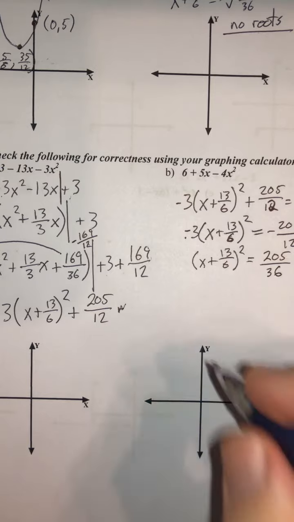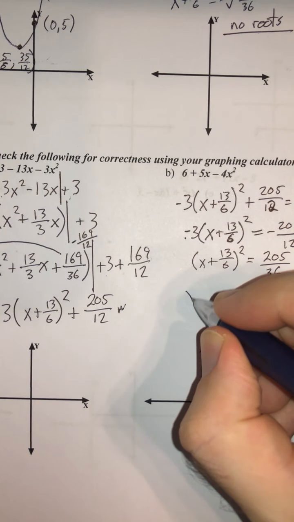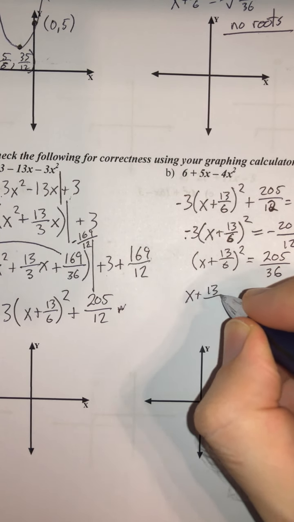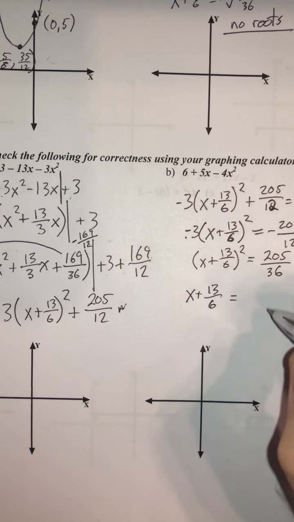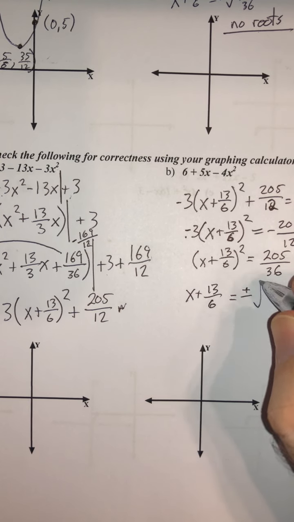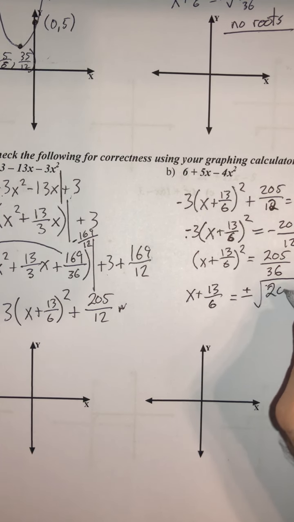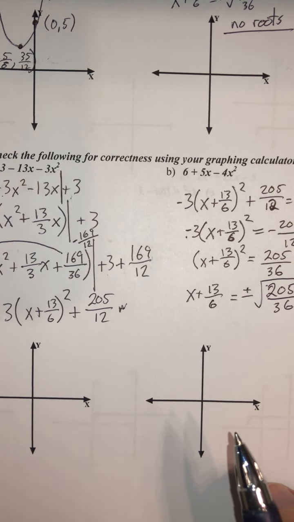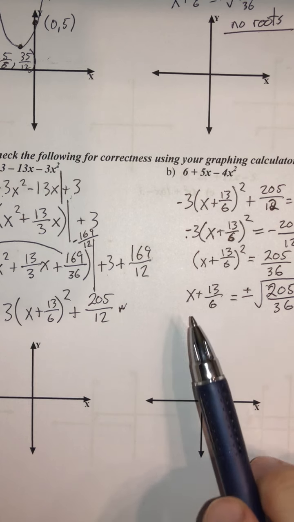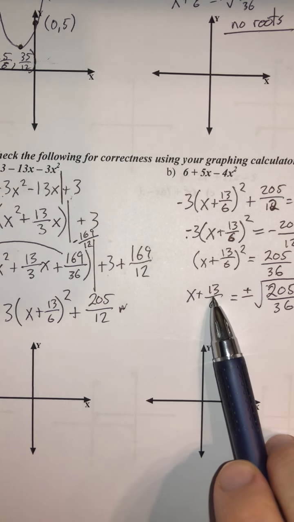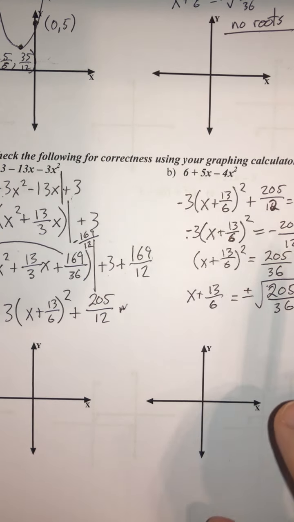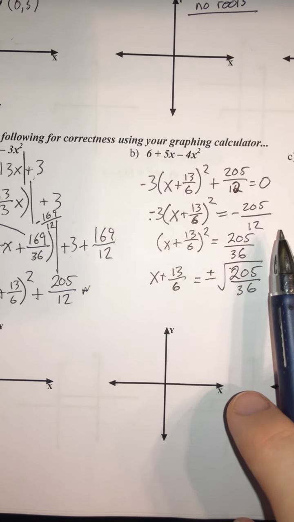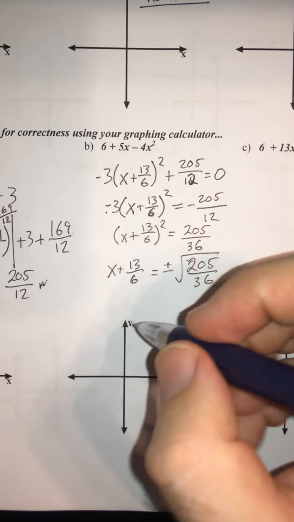Then we take the square root. So x plus 13 over 6 equals the positive and negative square root of 205 over 36. And before I bring this onto the other side, notice that 36 is a perfect square, so I'm actually going to deal with that first.